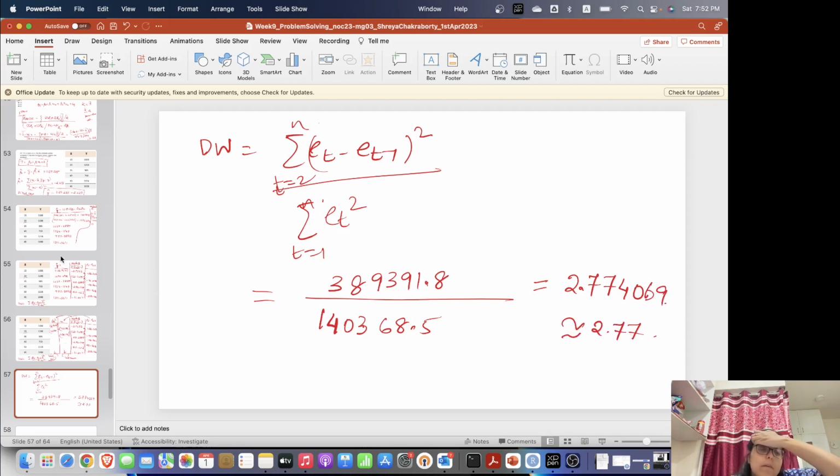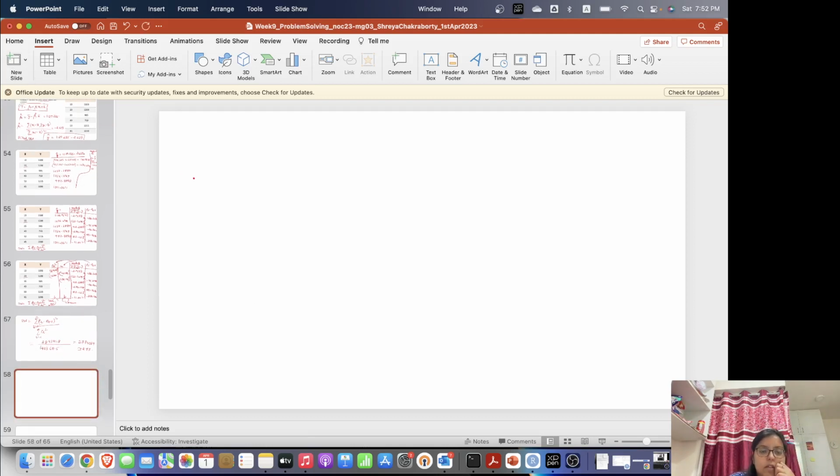Now you remember that flag which I was showing, what to do in this case. So this is 0, this is 4, this is 2.